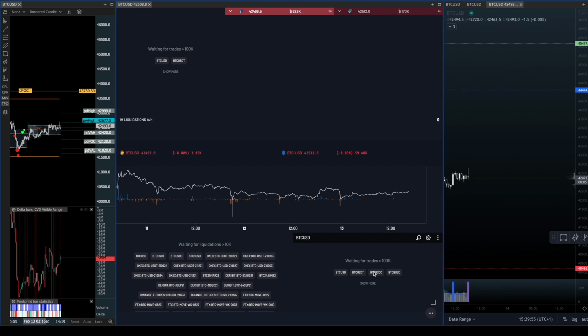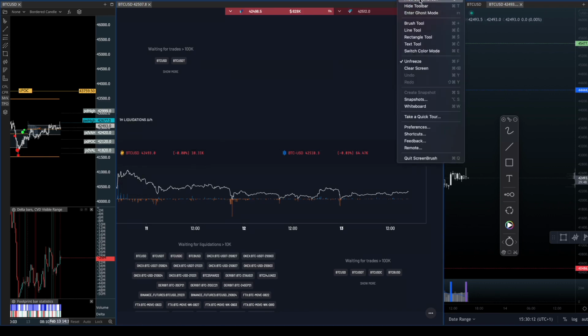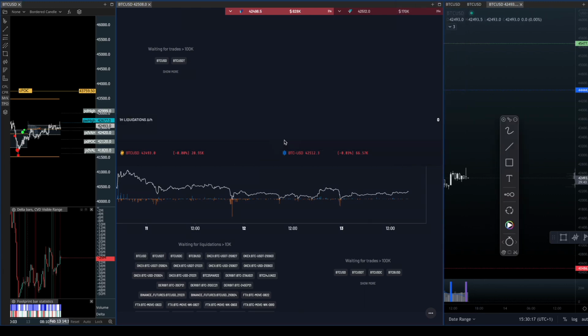So how to use this thing? Obviously, the heavier hand in crypto is spot. So one of the situations you might get yourself into, unfortunately it's the weekend, so we might not see many trades today, but it is what it is.